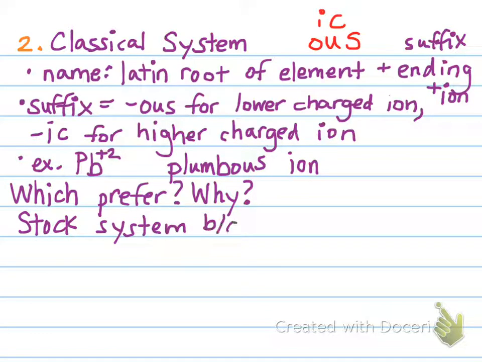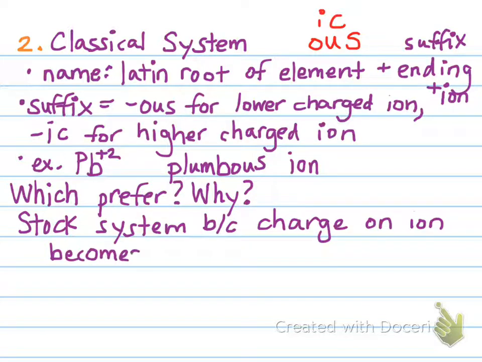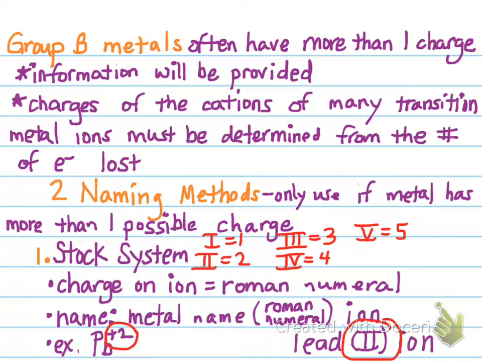Because the charge on the ion becomes a Roman numeral. So I don't have to, right, if we go back and look at that example, when I say it's lead 2 ion, I don't have to look at my helper sheet. I look at my periodic table, I find my symbol for lead, it's Pb. The 2 is telling me it has a charge of +2.